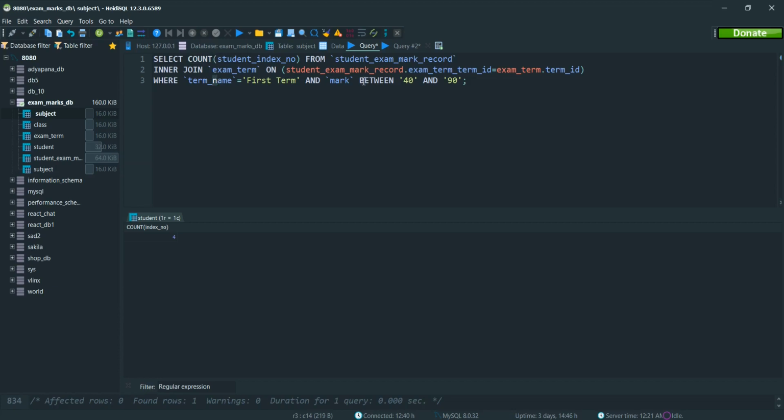And here, as usual, we have used between and also an inner join to combine the tables. Let's see the result. So the count adds up to 19.